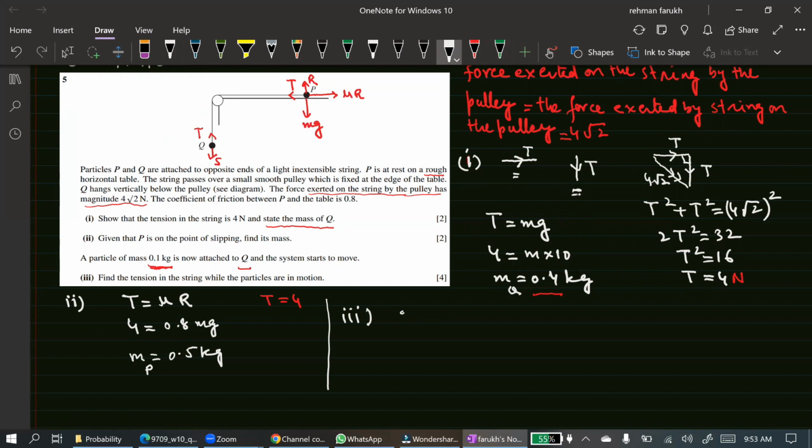So the force in the direction of motion for Q is 5 minus tension, equal to m into a. For particle P, the force in the direction of motion is T, and the force opposite is mu R, equal to 0.5 into a.